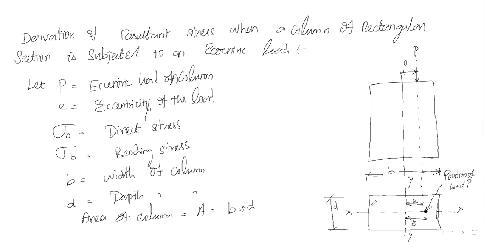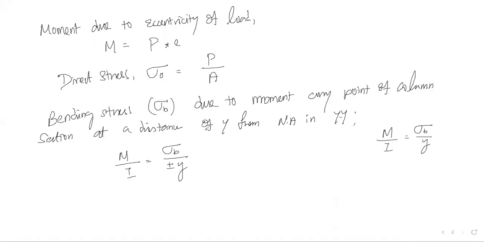Based on that it is going to change, and it may lie in BC, which is the pure compression zone. Based on the position it may change, that's why plus or minus y. Therefore, sigma b is equal to M by I into y, plus or minus. This is equation number 1 and this is equation number 2.